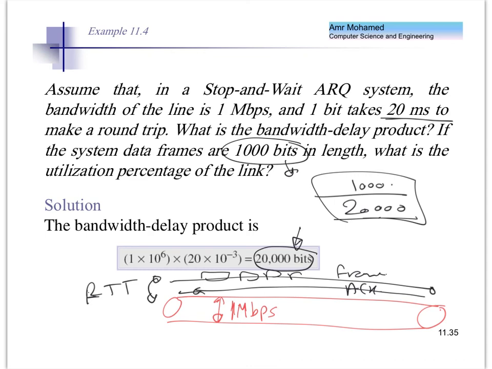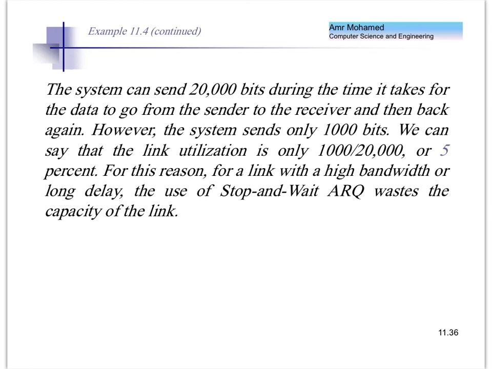So as you can see, the utilization of the channel is extremely low. In fact, it's 1,000 divided by 20,000, which is only 0.05, or in other words, 5%. So I have utilized only 5% of the whole bandwidth of the medium.